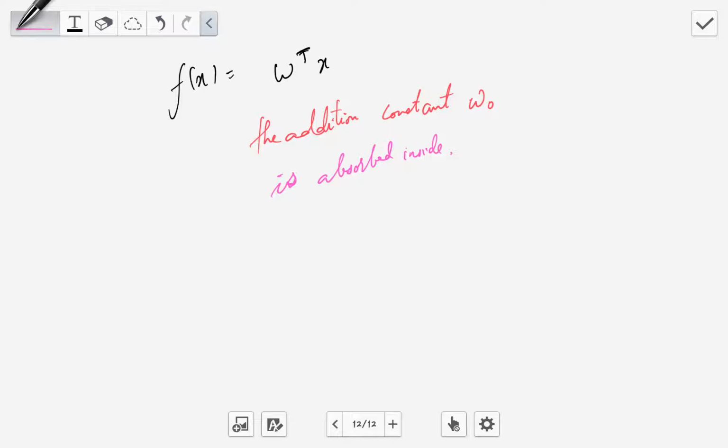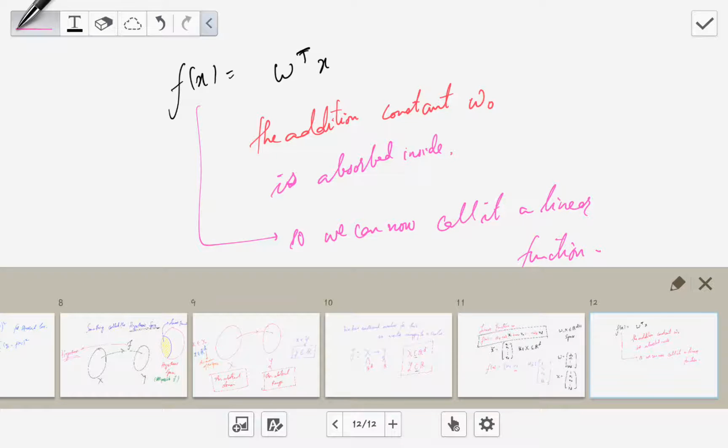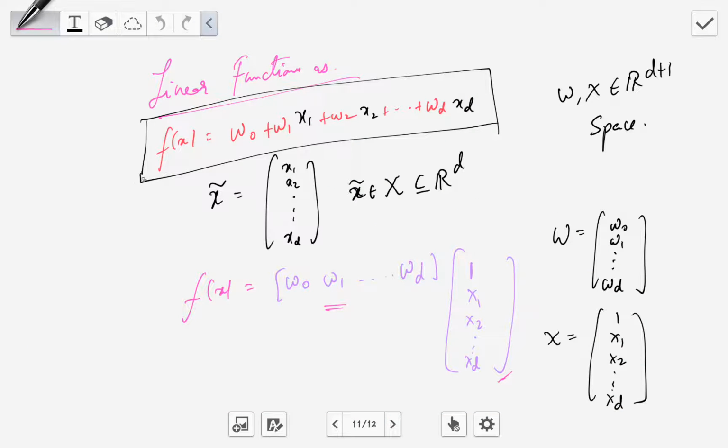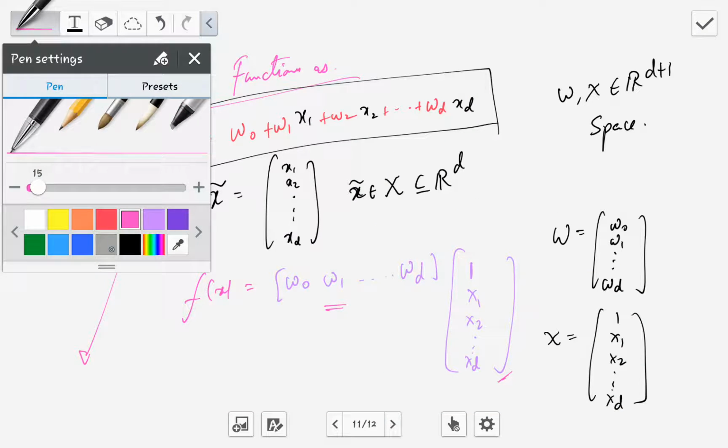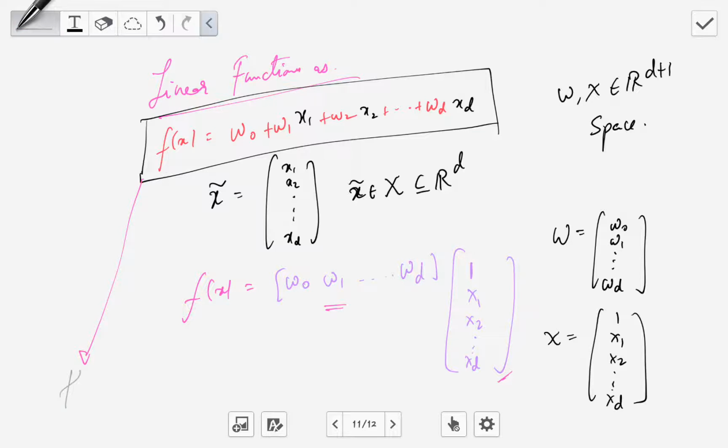So now you can call this a linear function. That's why we call it a linear function here, though it is affine. Though this was affine, we called it linear because we knew that we would do this.